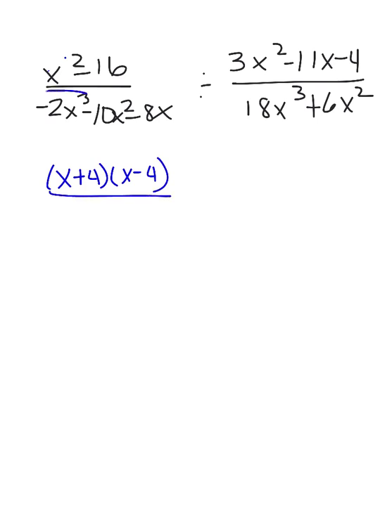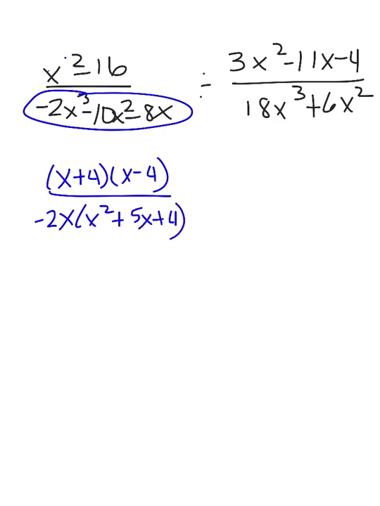In the denominator here, there is a GCF. I'm going to factor out negative 2x, and then we'll see what's left. So negative 2x times x squared plus 5x plus 4. That is factorable, so I can factor that again. Let me just rewrite this.